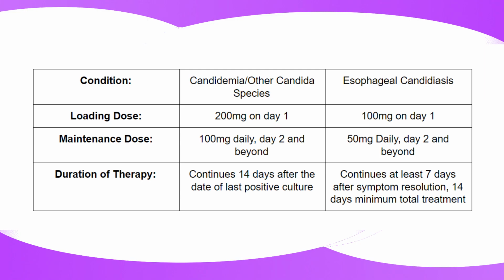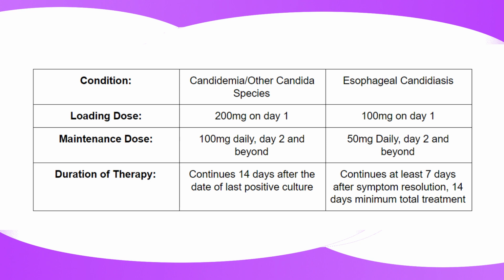In terms of dosage, for candidemia and other Candida species, the dosing is a loading dose of 200 mg on the first day, followed by a 100 mg daily dose thereafter. Usually therapy with anidulafungin continues 14 days after the date of the last positive culture. With esophageal candidiasis, which is always special for some reason, there's a single 100 mg loading dose of anidulafungin on day 1, followed by 50 mg daily thereafter.